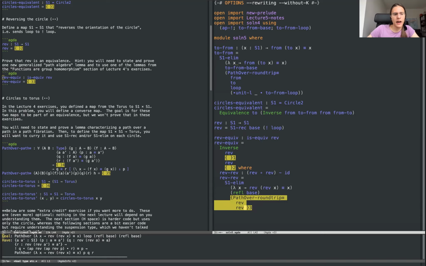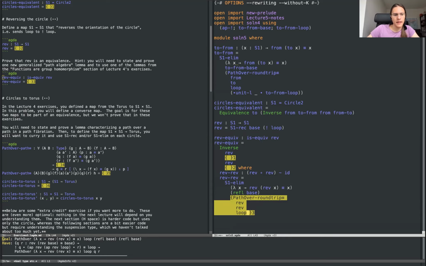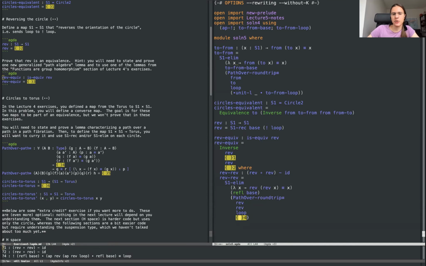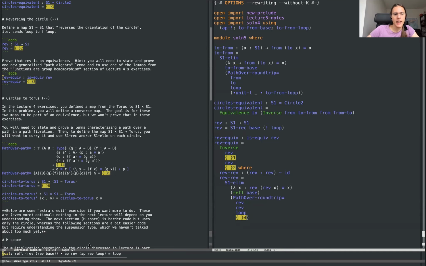And then what is P? It's loop, because that's what it says here. And then I need to construct something, and then that will give me it. Now I'm going to get the unifier to tell me what that something is. And it's a path that refl dot app rev loop equals loop.